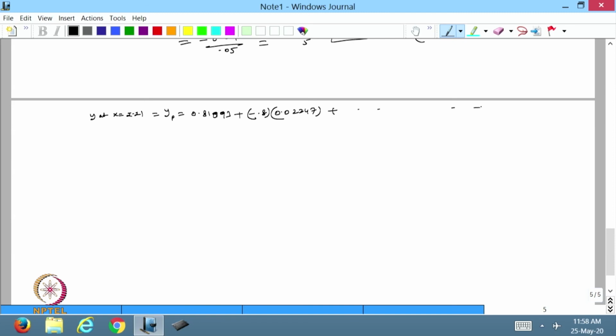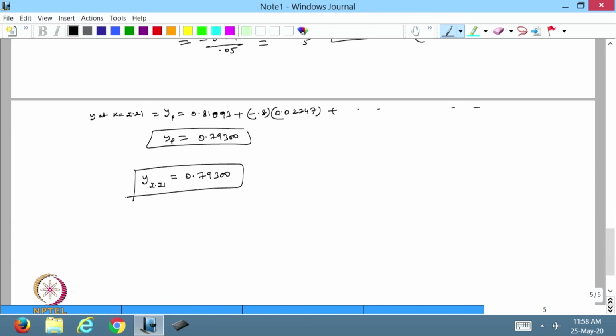I can substitute all these values, and then using the calculator we can find this value, and this value is coming 0.79300. So, that is my approximate value of this. I call it y at 2.21 equal to 0.79300.